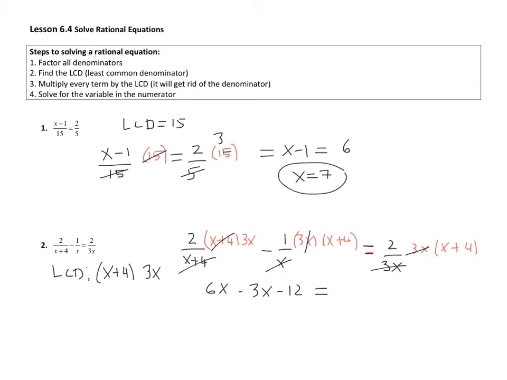This is going to be 2x plus 8 when I distribute the 2. So now this becomes 3x minus 12 is equal to 2x plus 8. So I subtract 2x, so x is equal to, then I add 12 to the other side, so x is equal to 20.